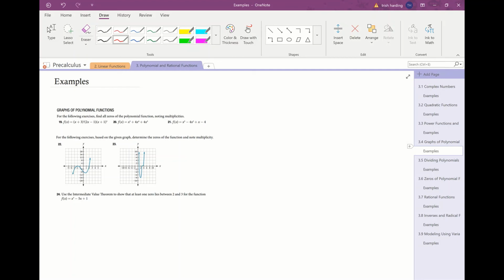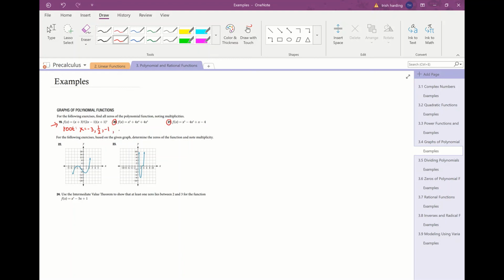So for the following exercises, we're looking at 19 through 21. Find all zeros of the polynomial function, noting multiplicities. So these ones I can go ahead and leave for in class. So I'll give you guys a minute to review them. I'm going to focus on this one since it's already factored. So the zeros of the polynomial are x equals -3, x equals half, and x equals -1.